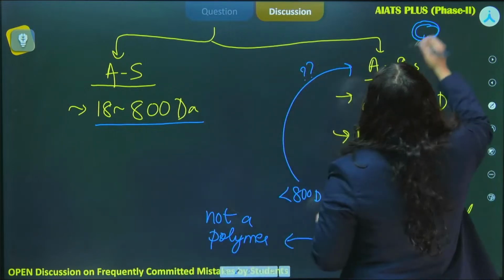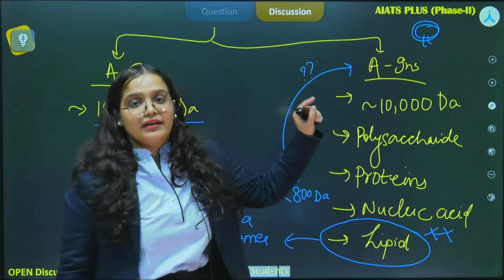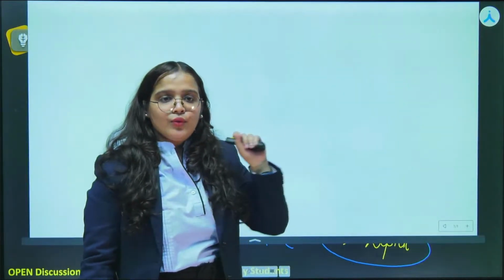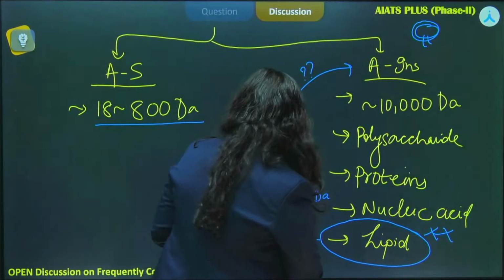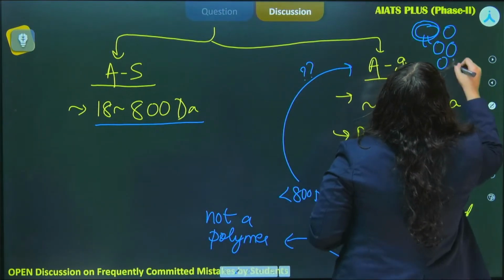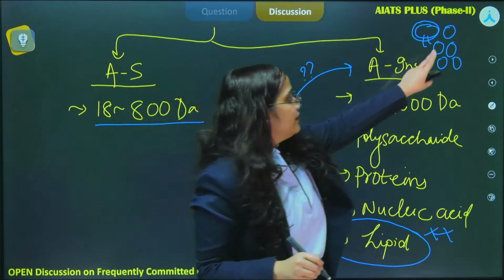So when we were making that thick slurry and grinding, the plasma membrane will break down into small fragments or small vesicles which are water insoluble vesicles. And why did that happen?